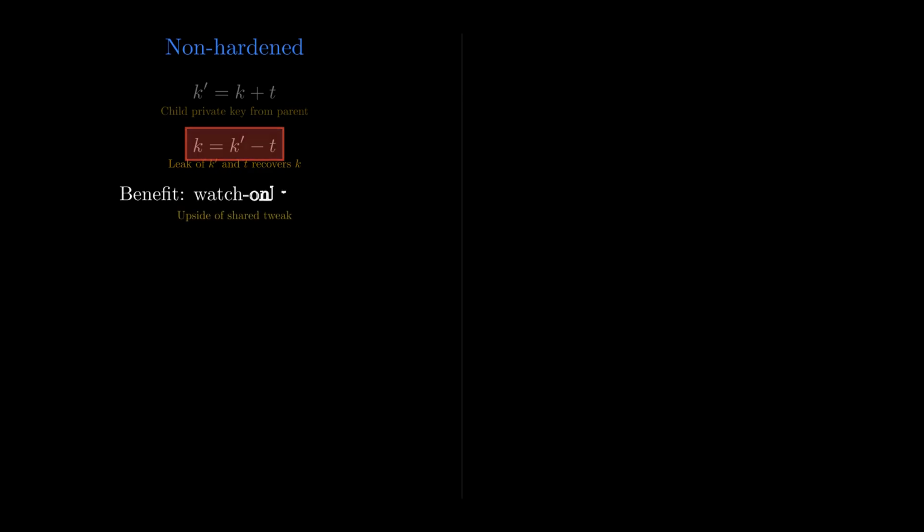One nuance worth flagging. In the scheme we just described, if an attacker learns a child private key, k prime, and also learns the tweak T, they can simply compute k equals k prime minus T and instantly recover the master private key. That's the downside of this shared tweak derivation, which is called non-hardened.